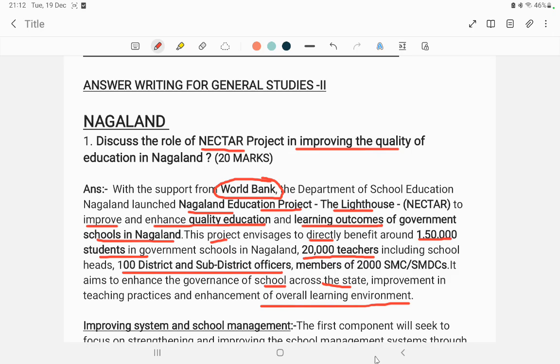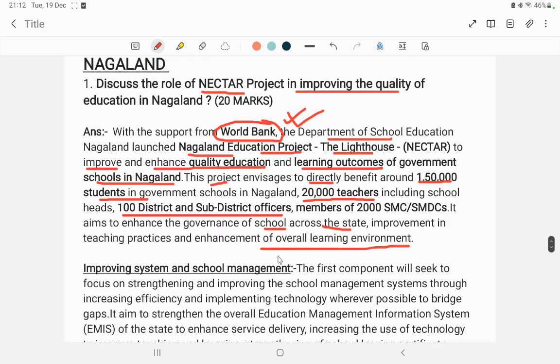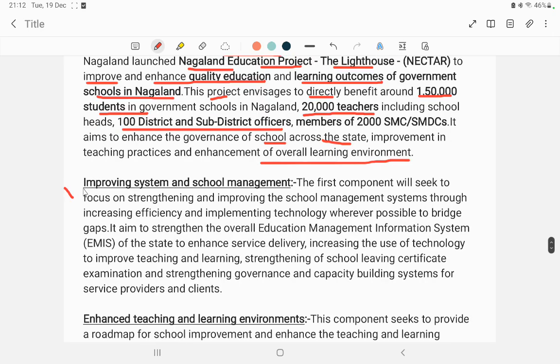So to improve the system and school management, we increase efficiency and implement technology whenever possible to bridge the gaps.